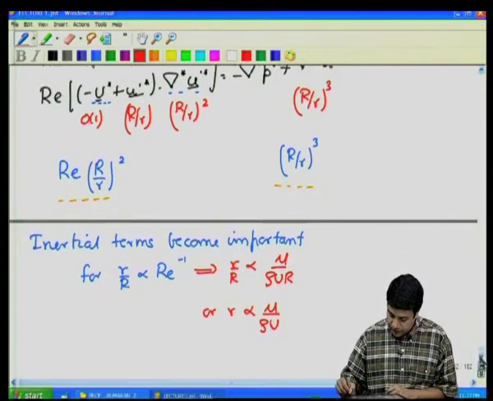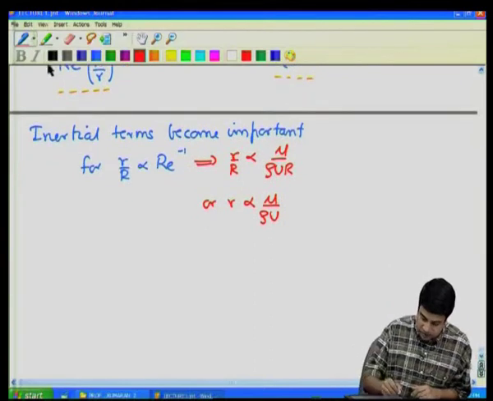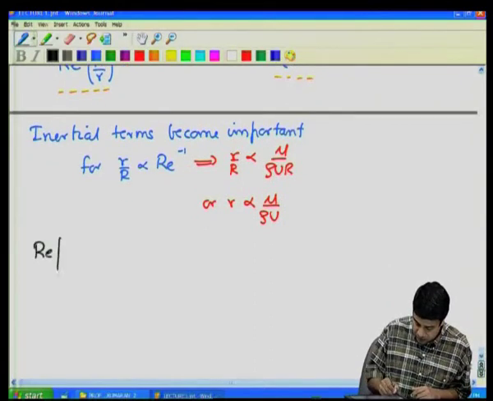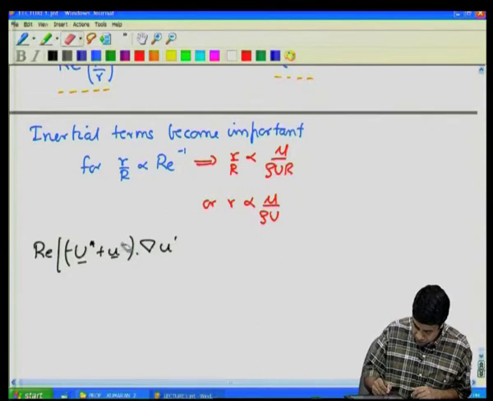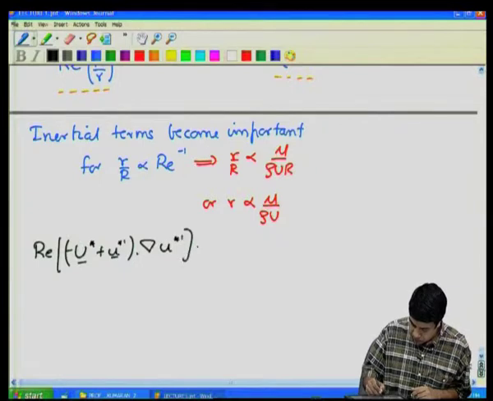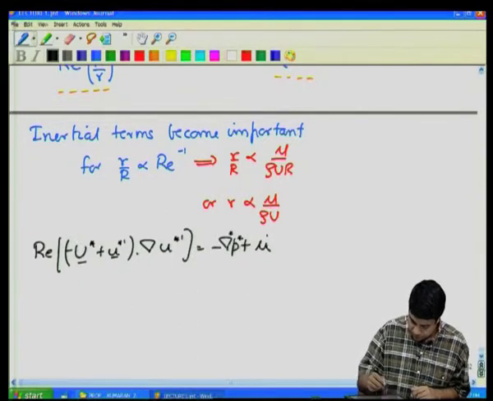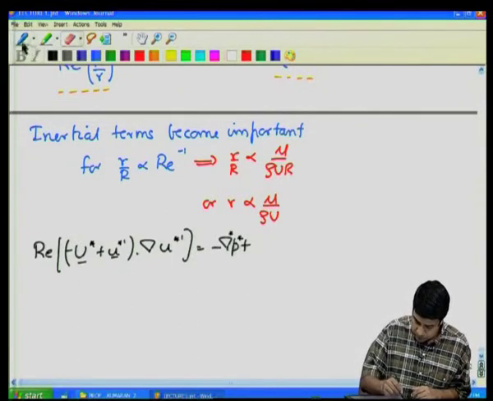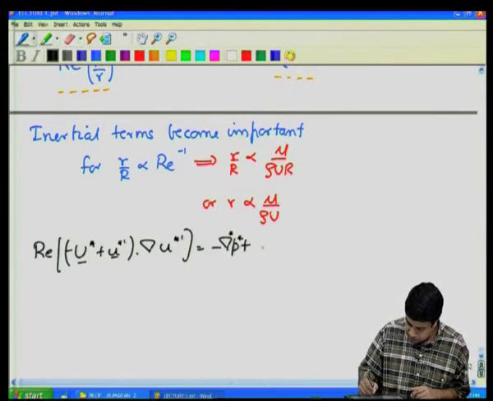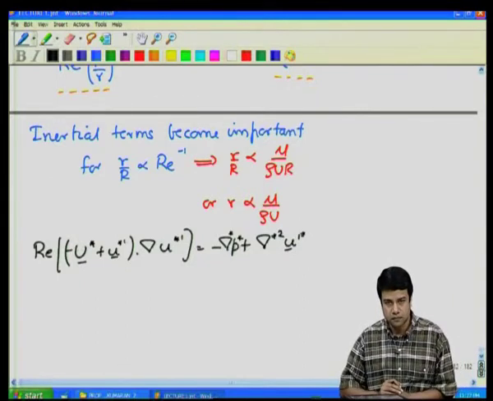So, if I have to solve the complete equations, the equation becomes Re times (minus U plus u prime) dot grad u prime is equal to minus grad p plus mu grad squared u prime.